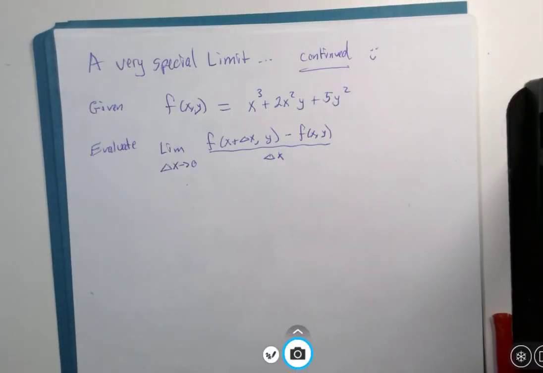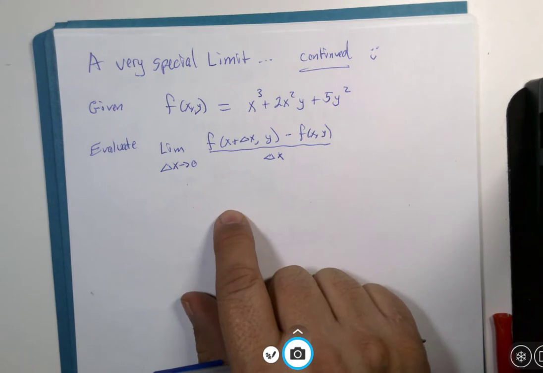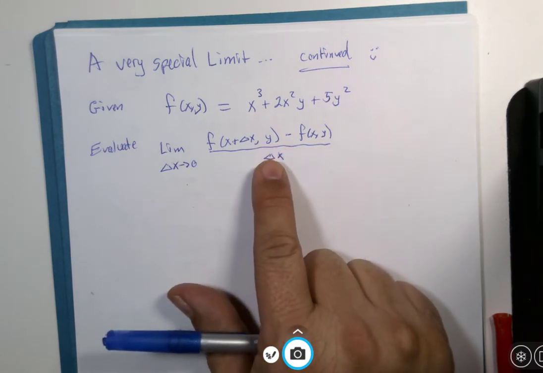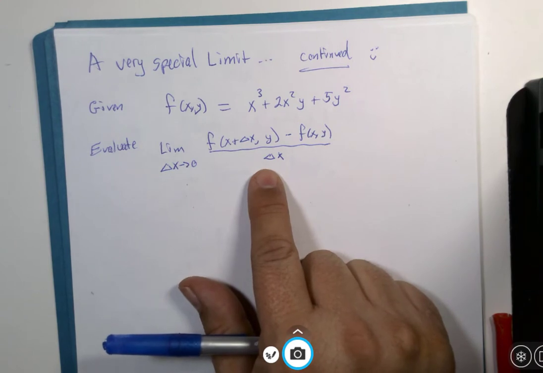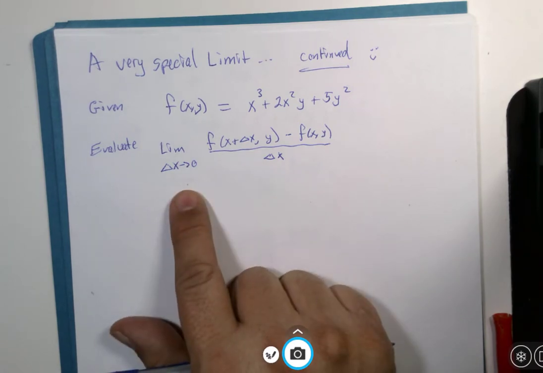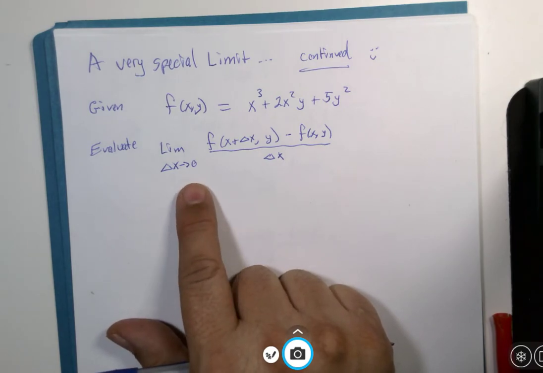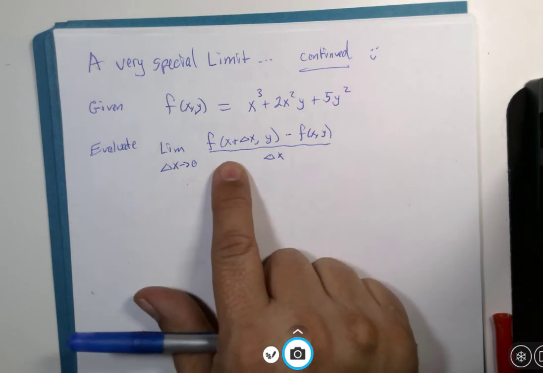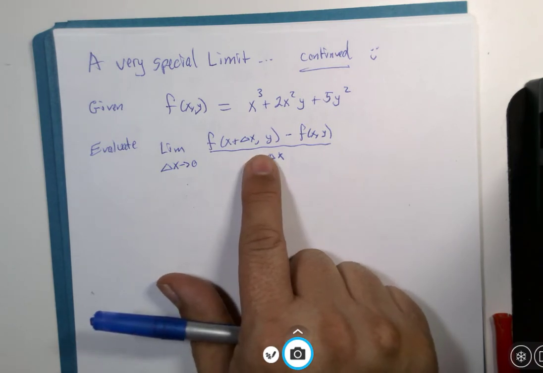If you happen to have missed it, this is the second video related to this function, and we're now going to evaluate a particular type of derivative of this multivariable function, the limit as delta x approaches 0, where it looks a lot like our definition of derivative from Calculus 1, but we have other terms in our function that were not in Calculus 1.